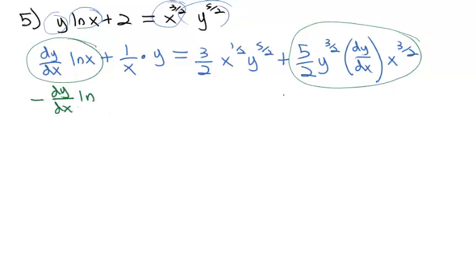The dy/dx natural log, subtract that from both sides. Then we'll subtract anything without a dy/dx off the right side. So we'll subtract 3/2 x to the 1/2 y to the 5/2 from both sides.